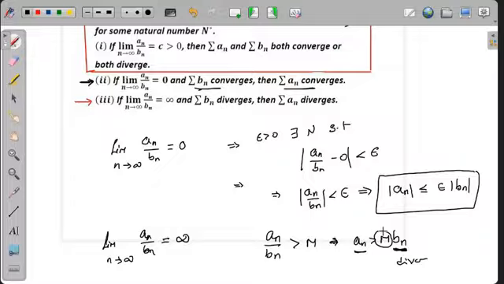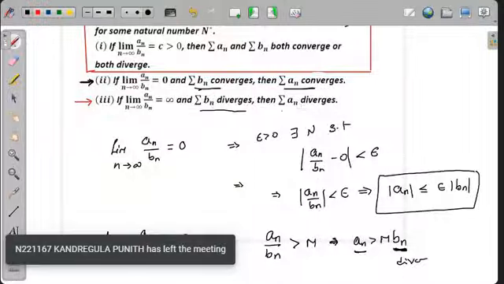This constant is not a fixed constant. It depends on the stage. So that's why we only conclude one way here. So the conclusion is that if the limit is infinite, then if summation bn is divergent, then summation an is also divergent.